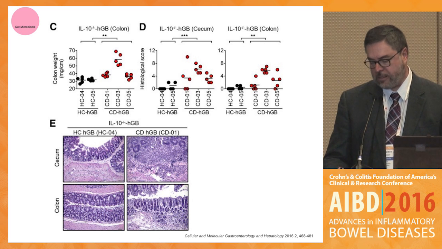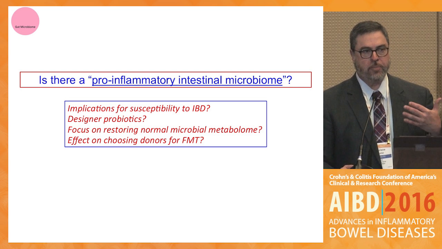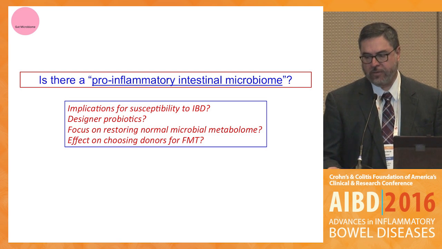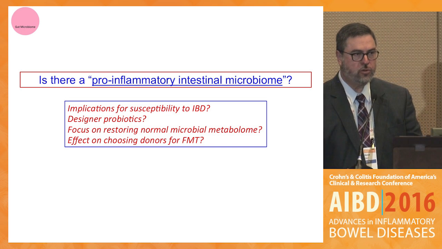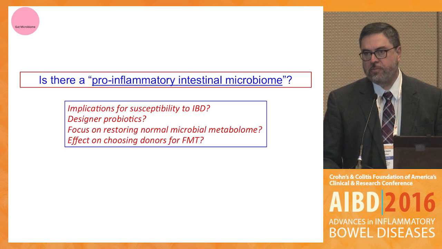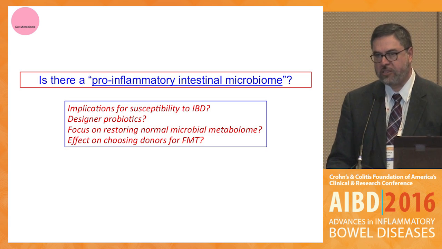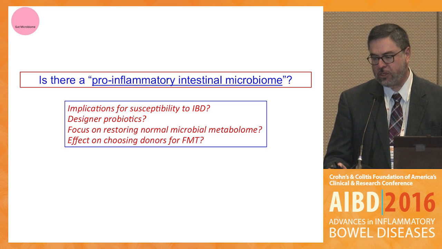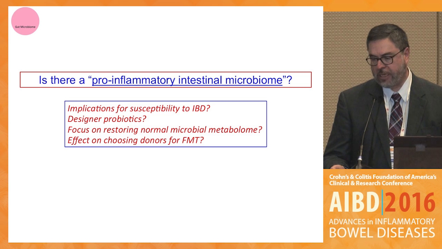So this is important because it might have implications for a pro-inflammatory intestinal microbiome, our selection of patients and donors for fecal microbial transplant, and perhaps we should now be focusing on restoring not just the composition of the normal microbiota, but also restoring normal functions of that microbiota.